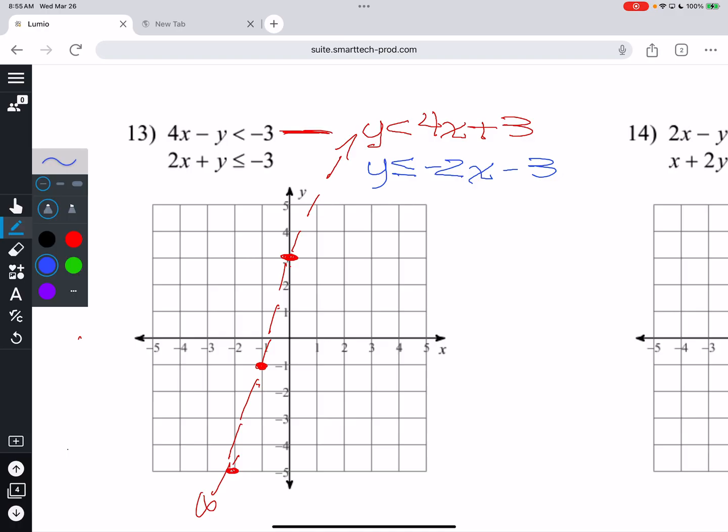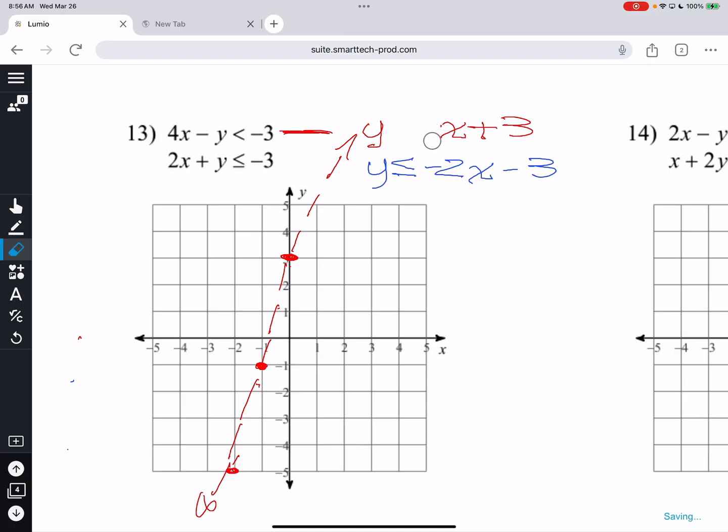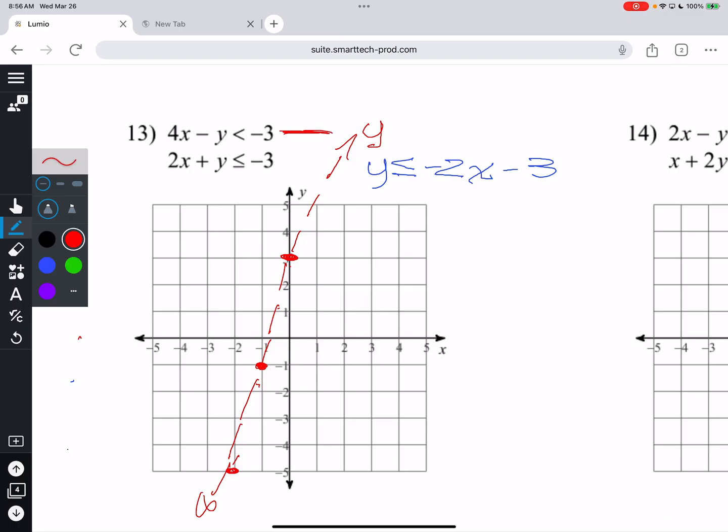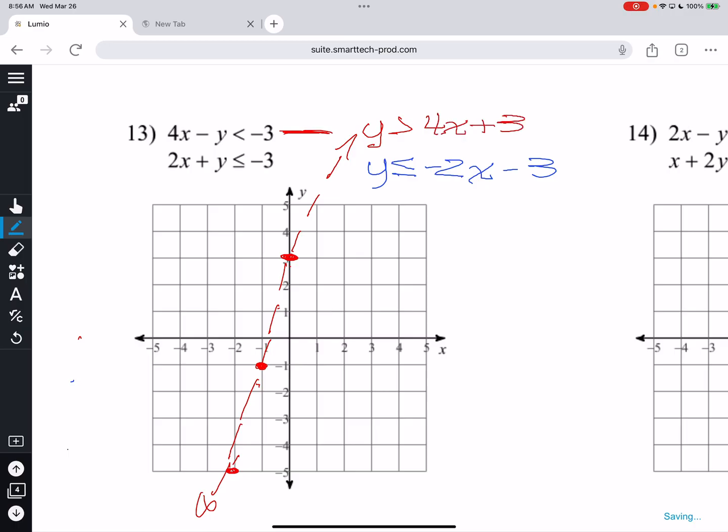So instead of less than, it needs to be a greater than. So your graph should have looked sort of like that, but straighter.